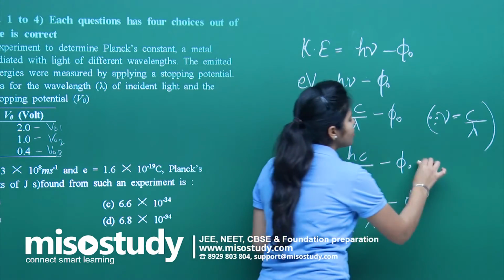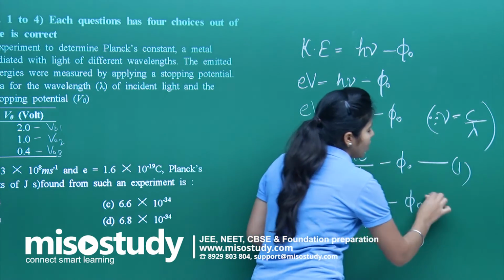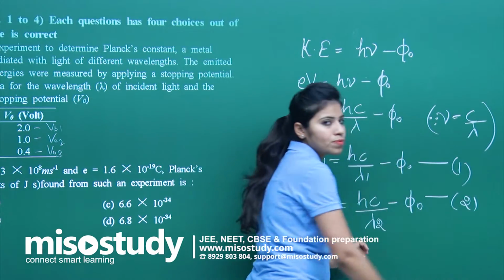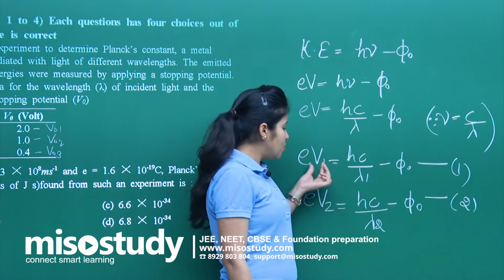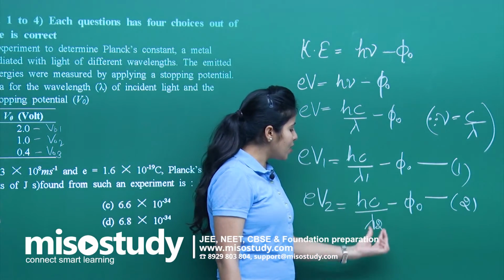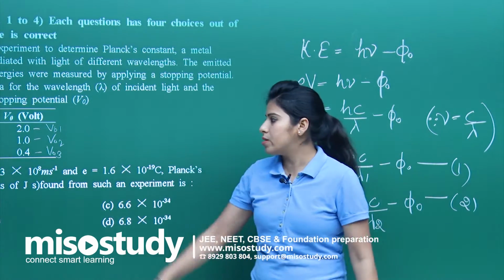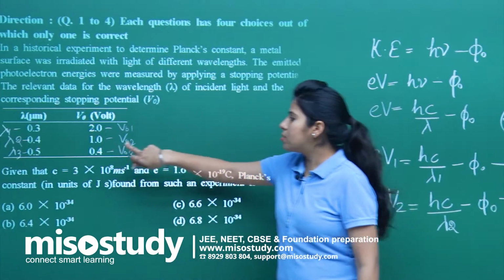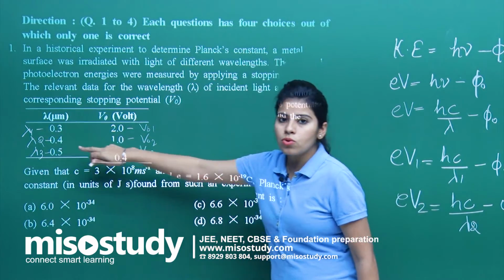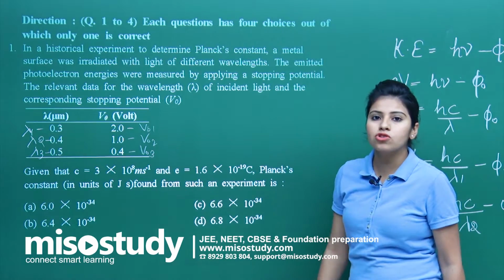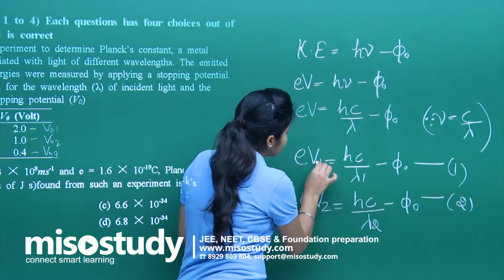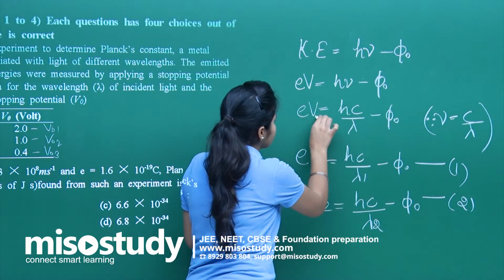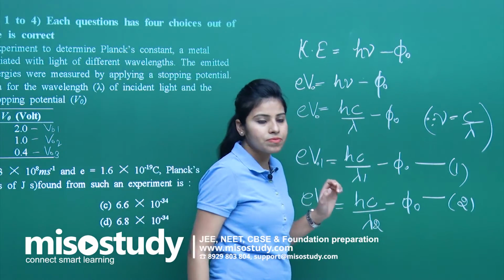Let me consider these as equation 1 and equation 2. We have lambda 1 with V1 and lambda 2 with V2, the stopping potentials, which you can write as eV0.